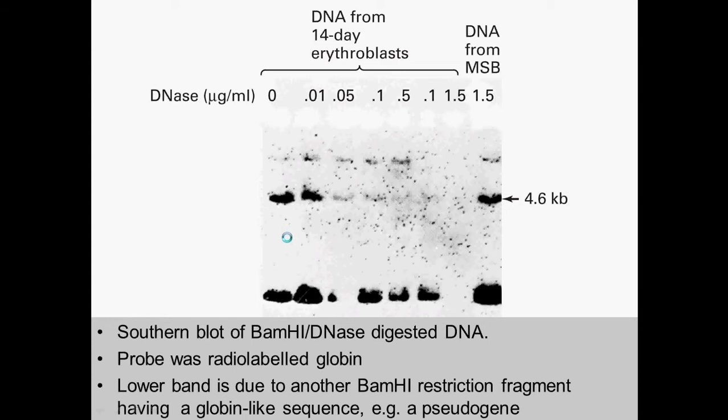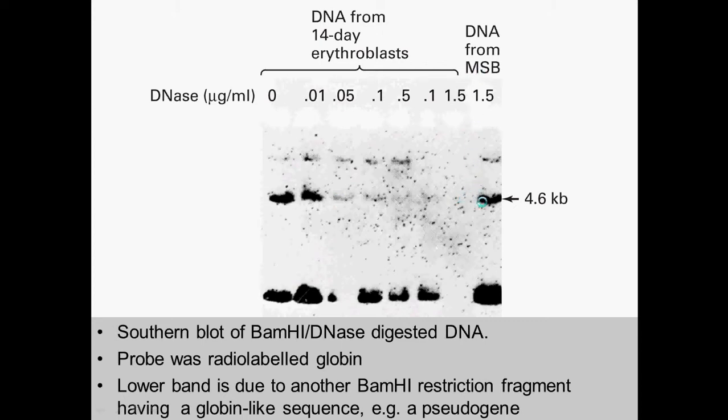Then they cut up the genes with restriction enzymes, and then they used probes for the globin gene. Over here they found it was still present at these concentrations, but as the concentration of the DNase was increased, the globin gene disappeared, because it was cut by the DNases.